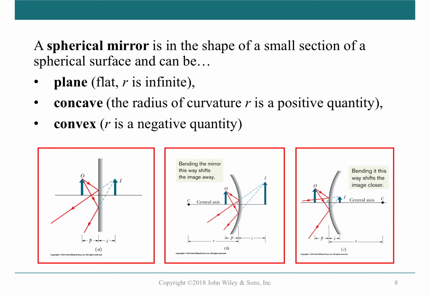This radius of curvature, r, is a positive quantity in the case of concave mirrors. Concave mirrors, ones that look like a cave opening, are defined to have a positive radius of curvature. For convex mirrors, which look just the opposite, they open away from an object to be imaged, r is a negative quantity, and the radius of curvature has a negative value.